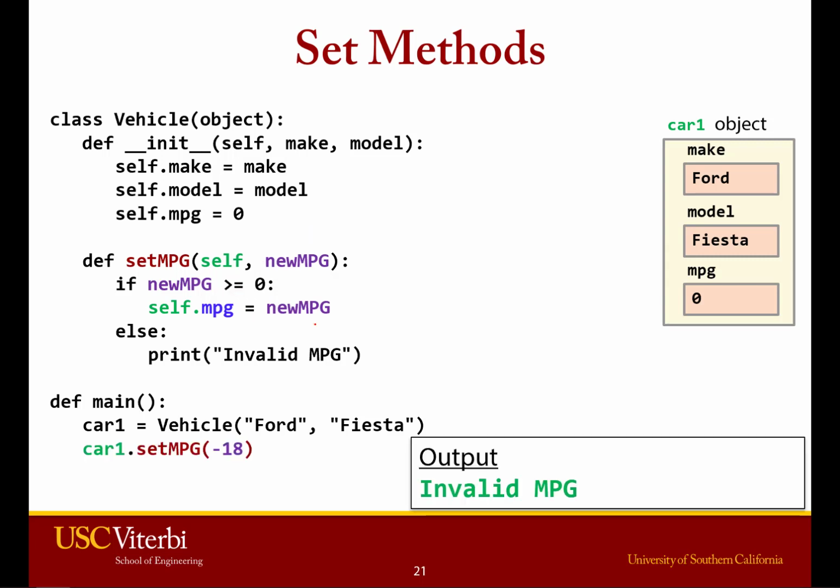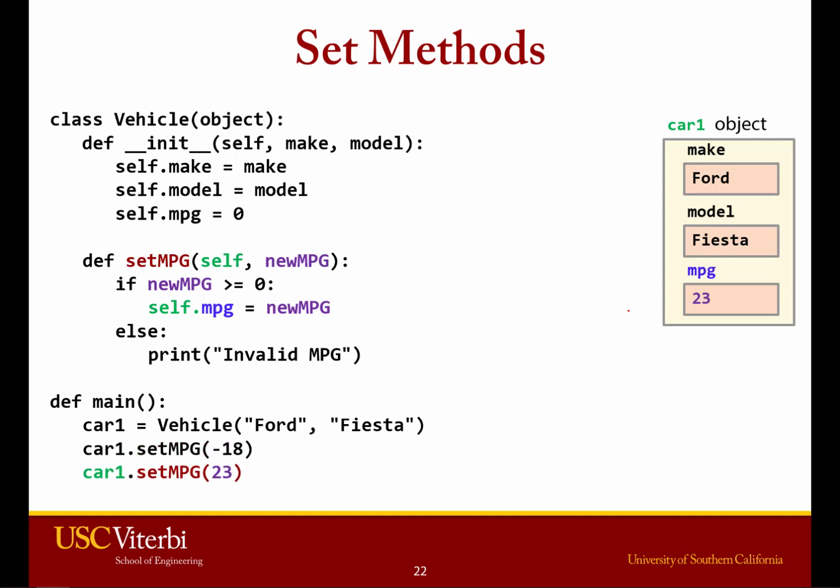So now, when we try to set the miles per gallon to negative 18, it prints out a message, and notice that there is no change, because it's invalid. Now you've guaranteed that if you use the setMPG method, you'll always set a valid MPG. Again, if we change it to 23, no problem. 23 is valid. That's an okay number.